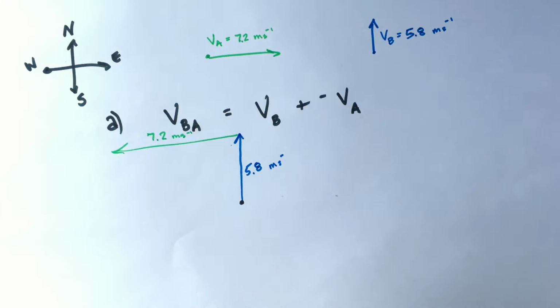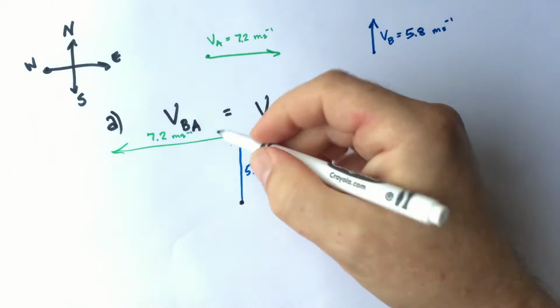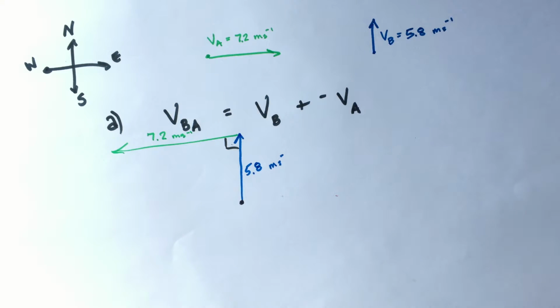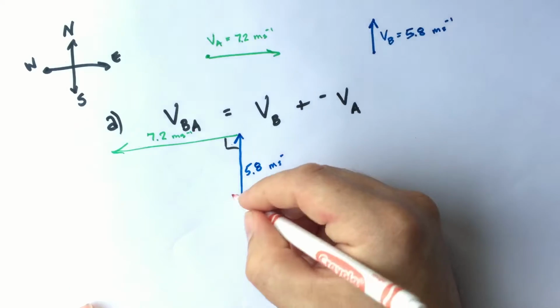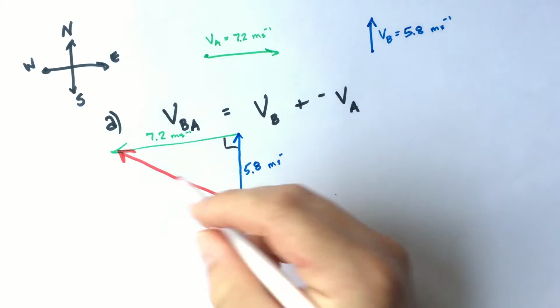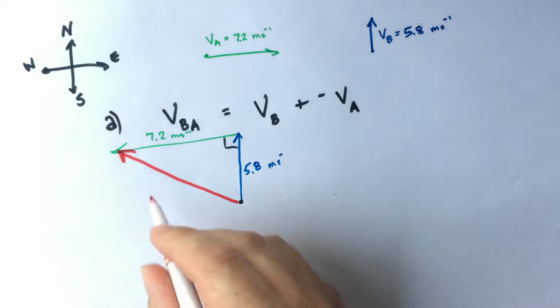You can see that I've very carefully drawn this to be exactly a right angle here. What we need to find is the vector sum of those two vectors. The resultant is going to be a vector that is the hypotenuse of this right triangle, and this is going to be VBA.